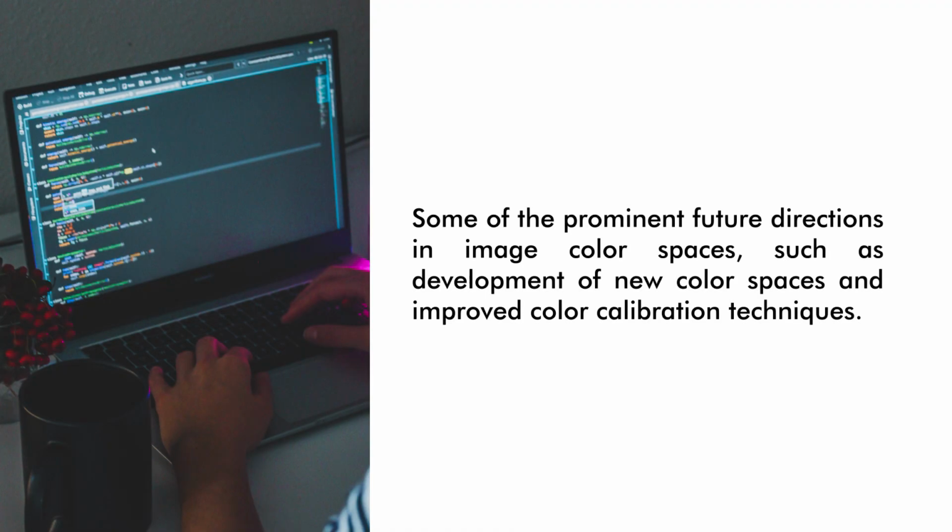Some of the prominent future directions in image color spaces are the development of new color spaces and improved color calibration techniques. In color spaces, we have RGB, HSV, HSL, YUV, which are different color spaces.